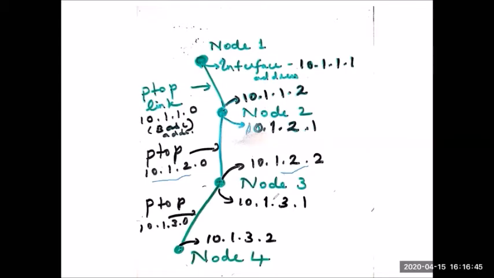It will be 10.1.3.1, and the one at this last interface which is there at node 4 will be 10.1.3.2. Now I hope you are able to visualize the actual network. So the actual network looks something like this: 4 nodes, 3 point-to-point links between those nodes, and at each node the interfaces and their addresses. This is how it is assigned.